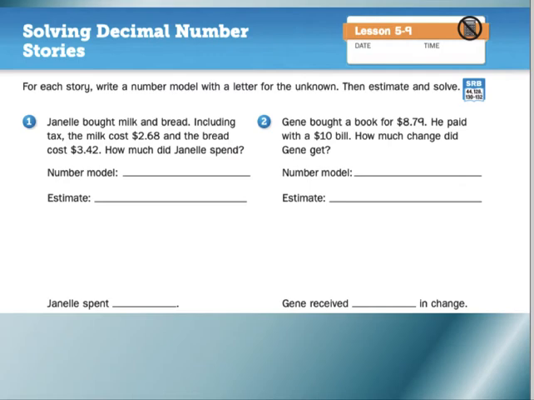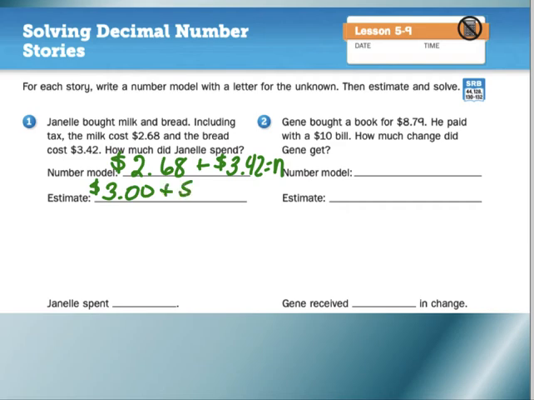This to me sounds like an addition problem. So I would probably write $2.68 plus $3.42 equals n. My estimate, I would probably round that to be $2 or I might go all the way to $3. That way, in case I need to make sure I have enough money, I will.